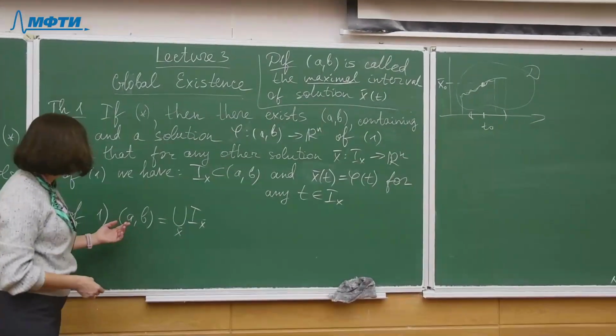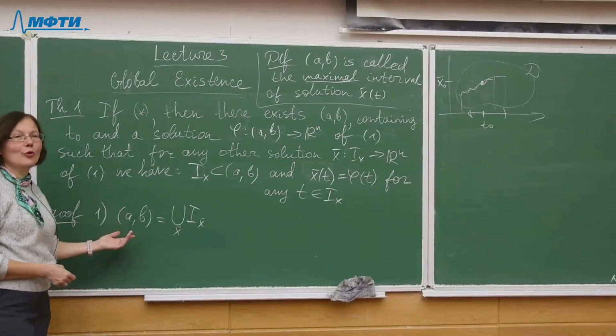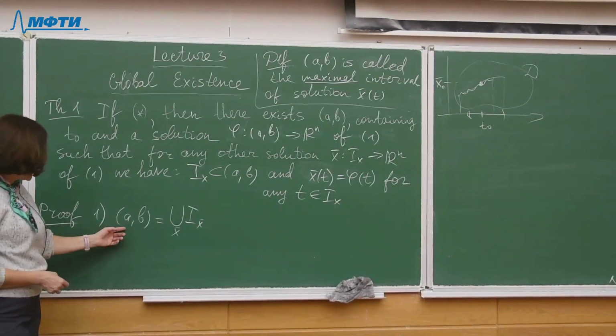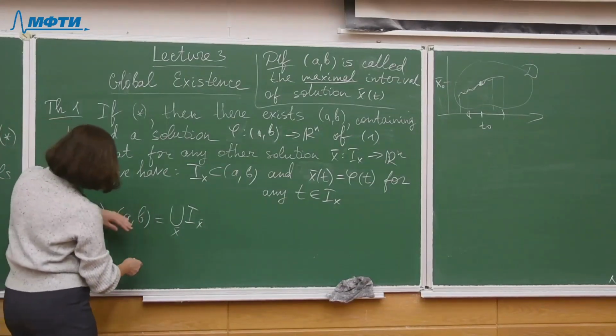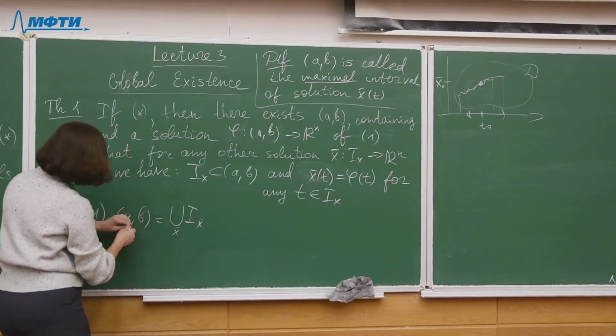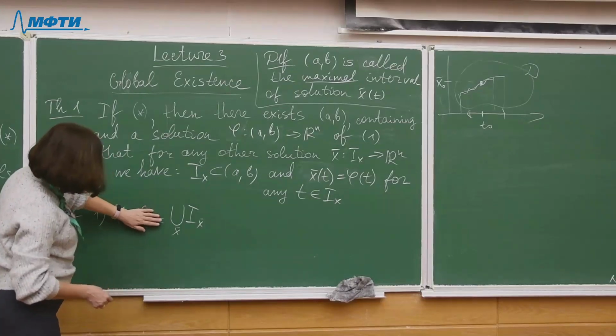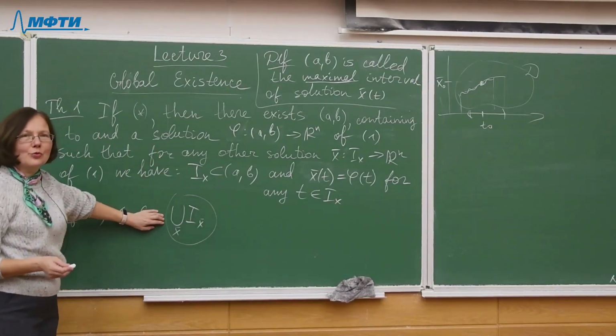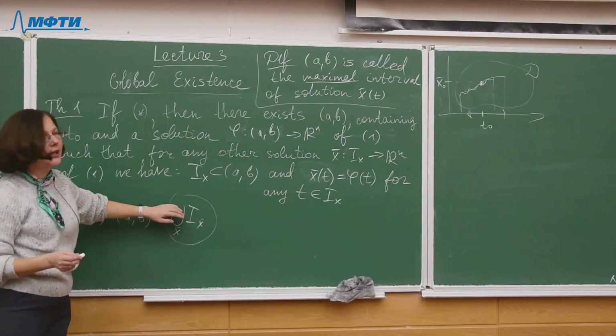First of all, the question is, is it open? Okay, so first of all, don't look at this AB. Let's consider this object. Is it true that this union is open?